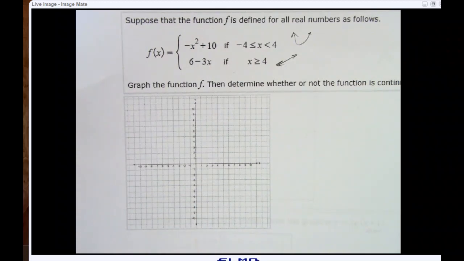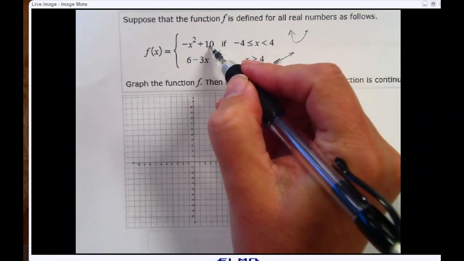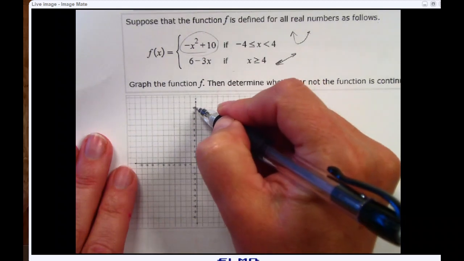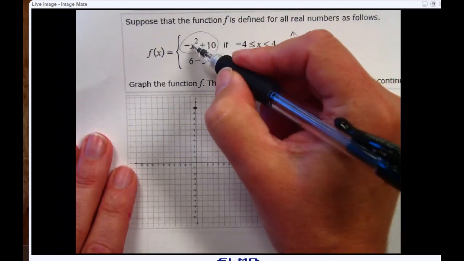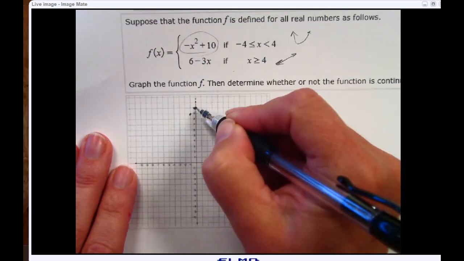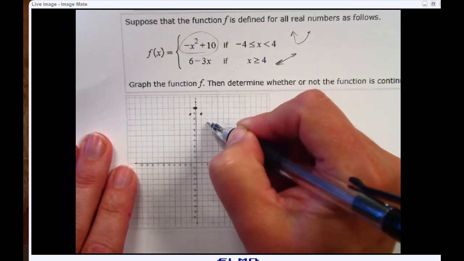I am going to, by hand, show you how the ALEKS tool works instead of pulling it up, just so I don't take more of your time. Help me graph this guy. Parabola, we're going to go up how far? 10. And then it's negative, so we're going to go upside down, over 1, down 1, over 2, down 1, 2, 3, 4.